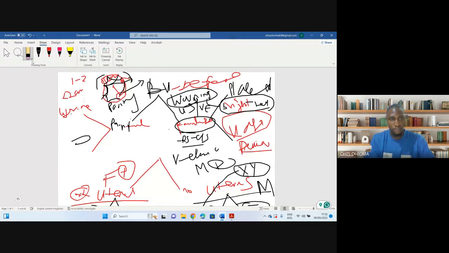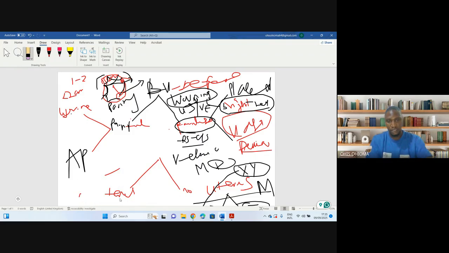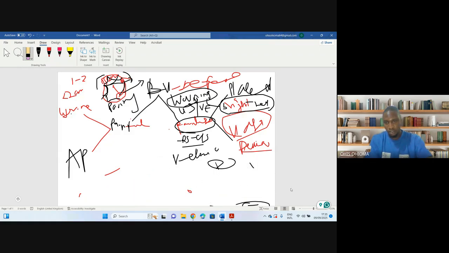A velamentous insertion, so let me write AP, is a situation where the placenta blood vessels, right? The placenta blood vessels are supposed to be covered by something called Wharton's jelly, and they are supposed to be inserted into the central part of the placenta.